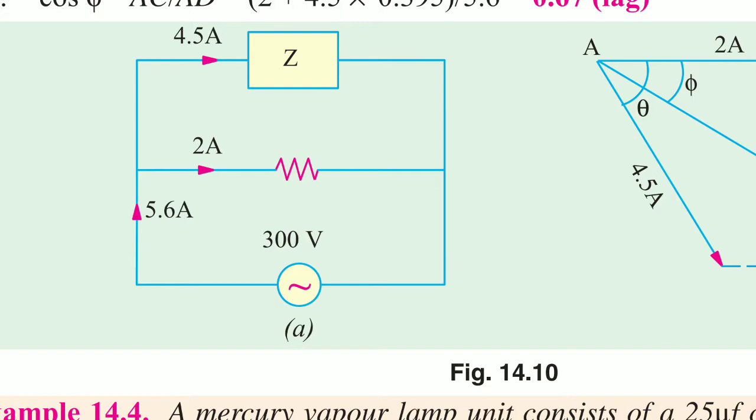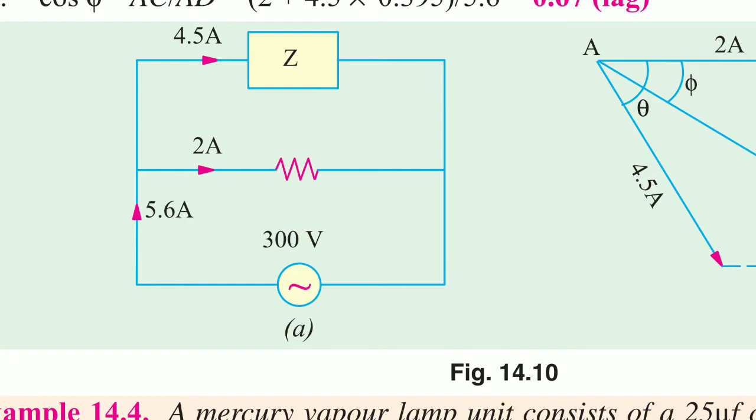The supply voltage is 300 volts RMS and the current in the resistance is 2 amps and the current in impedance Z in branch 1 is 4.5 amps and the resultant current is 5.6 amps.